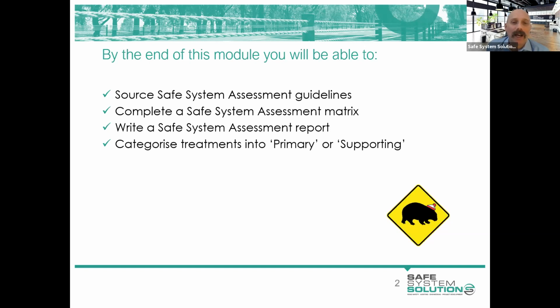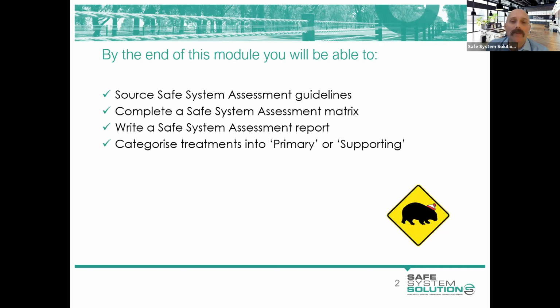I want to talk about and cover how to complete a safe system assessment matrix, and that's the meat of a safe system assessment. How to write up the report, what the key parts of a report would be, and categorize treatments into primary and supporting, which we haven't really touched on at all yet.